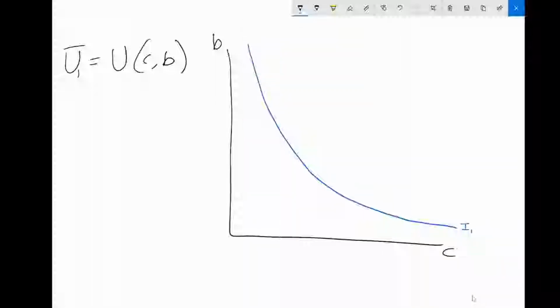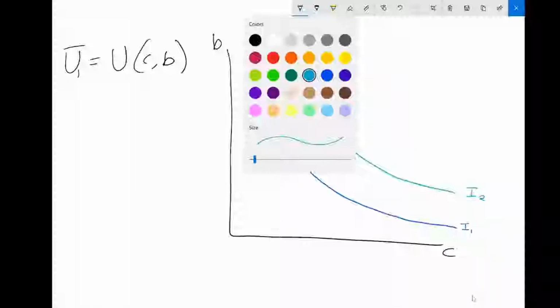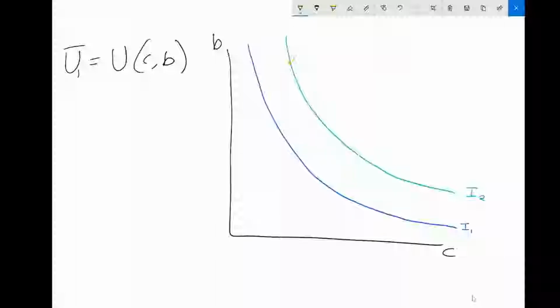Now, let's be clear. There are many different indifference curves. So let's give another example. We could have an indifference curve that's out here. We'll call it I2. The agent is indifferent between any two bundles that lie on this indifference curve, and the agent is indifferent between any two bundles that lie on the original indifference curve.